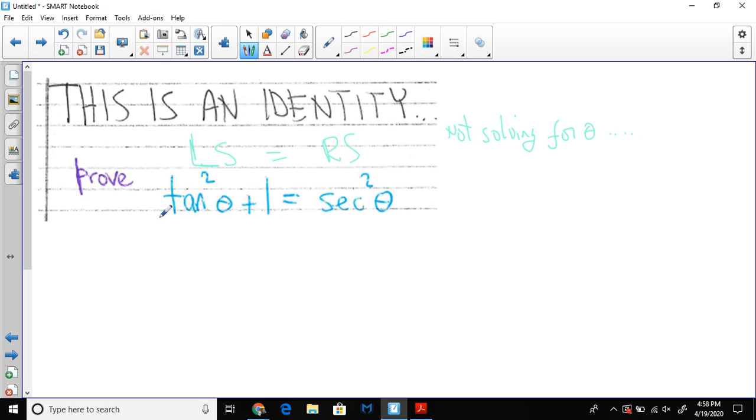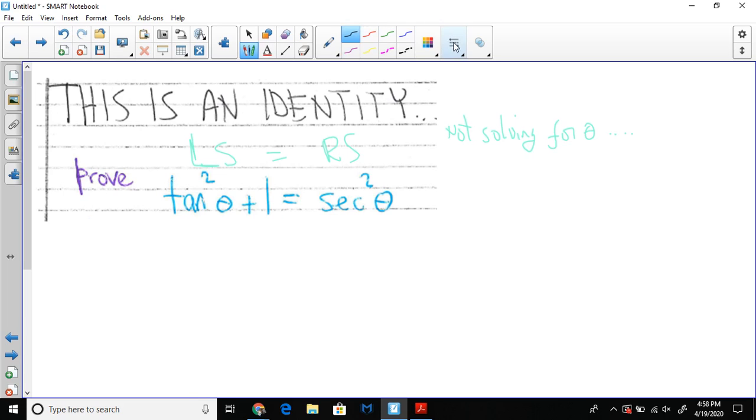We are proving that this side equals this side. Essentially, we're going to treat each side separately and show through the identities we did on the previous slides that these two things are in fact equal. So tan squared theta plus 1 does equal secant squared theta. Now we just have to prove it using identities.